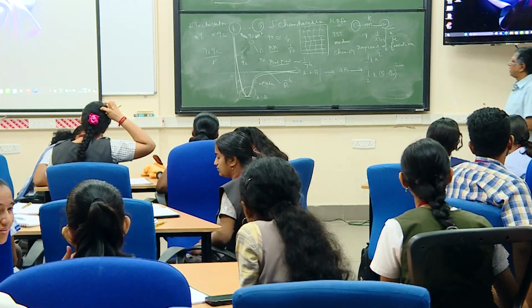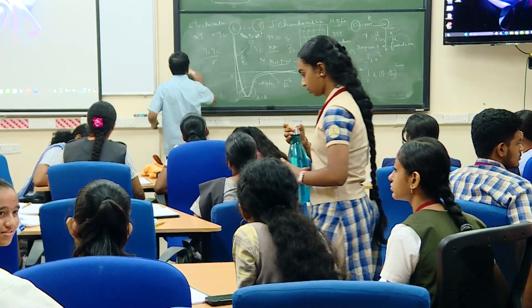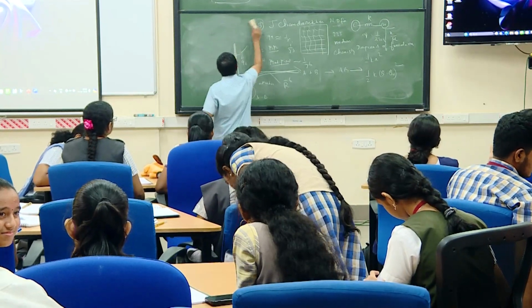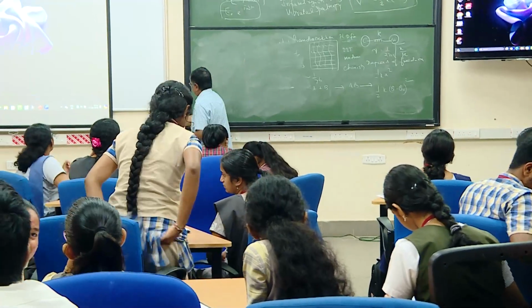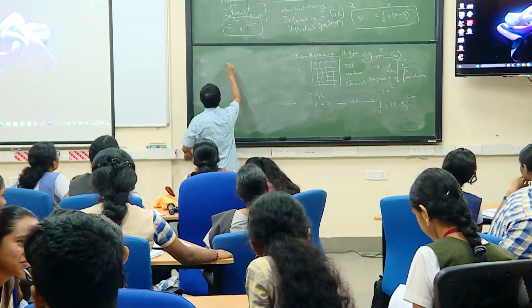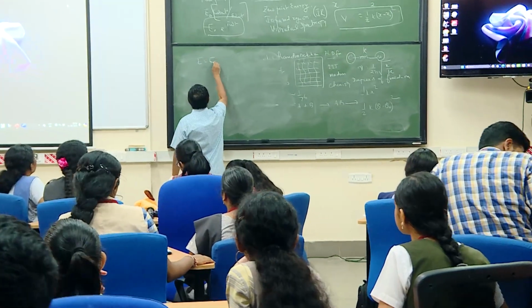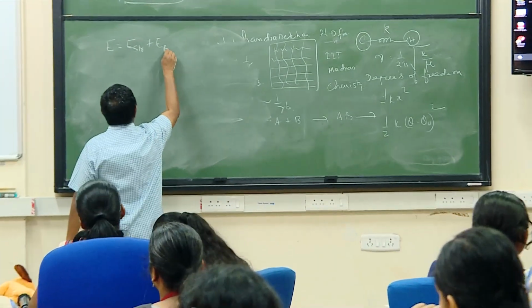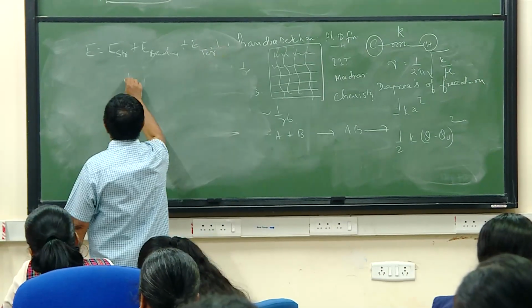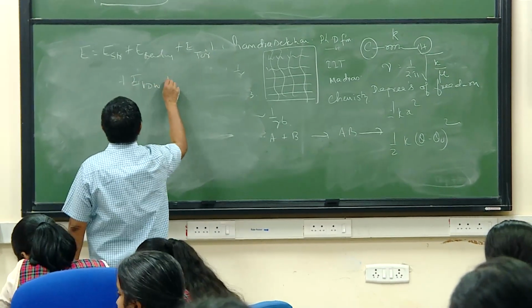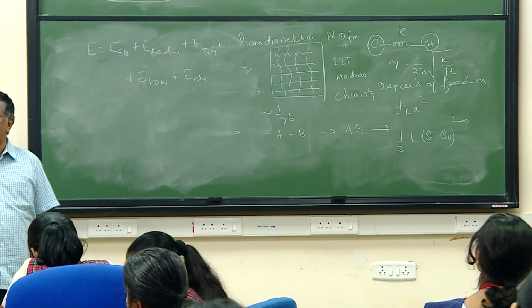So this Monte Carlo is like this. For example, now you know the total energy of the molecule is stretching, bending, torsion, you agree with me, plus van der Waals plus electrostatic. So this is the total energy of the molecule.